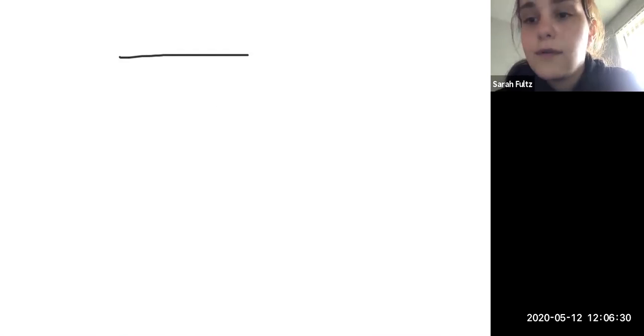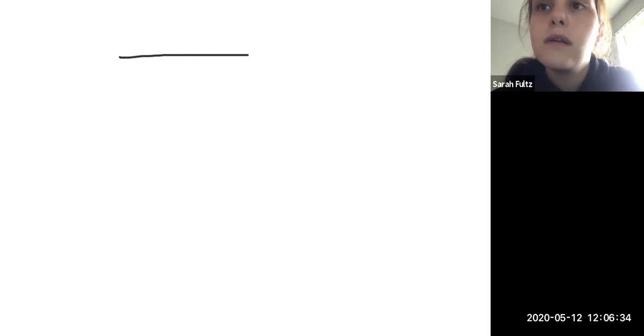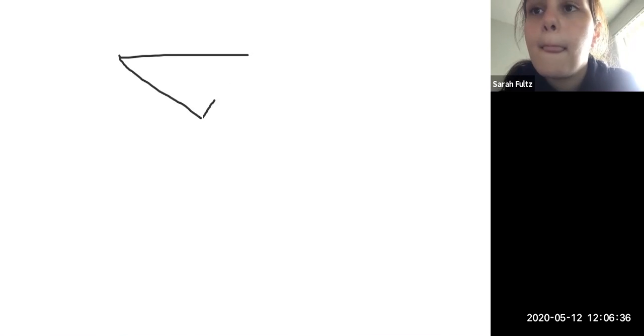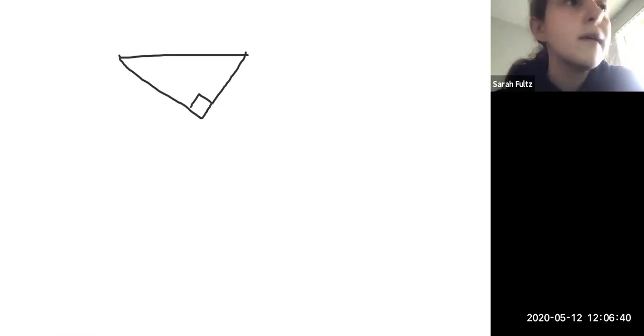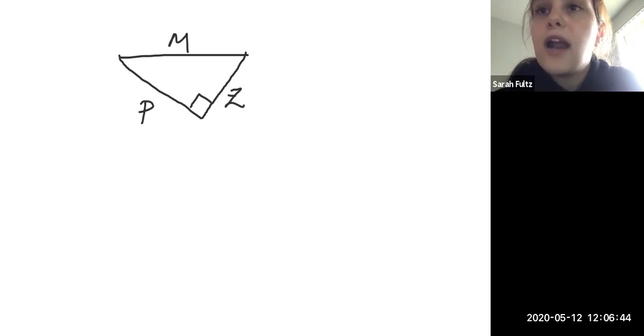Question number 2 gives us the right triangle with sides M, P, and Z. Now remember here, M, this is our hypotenuse.